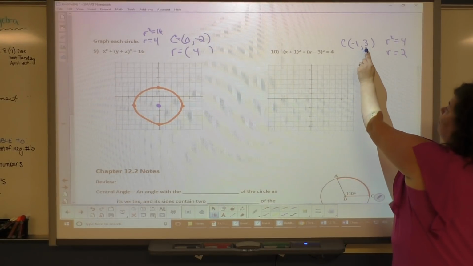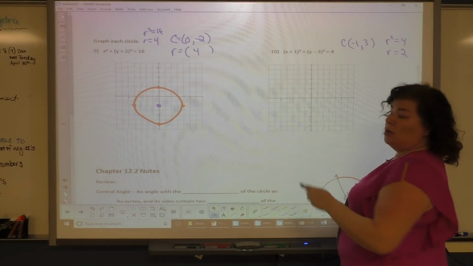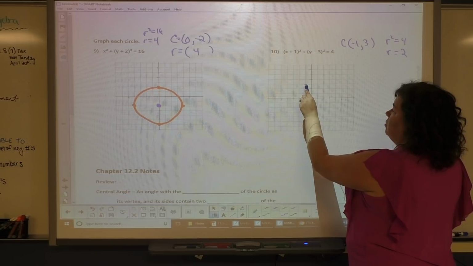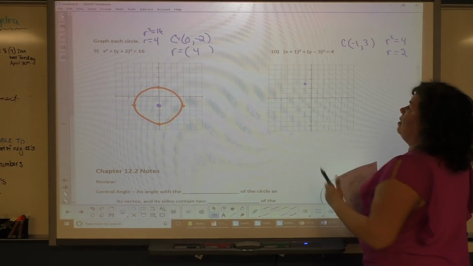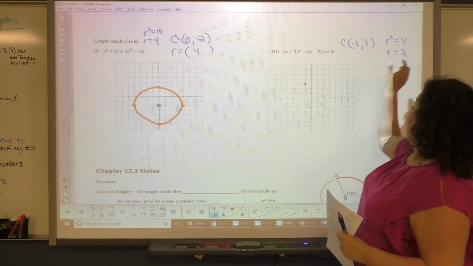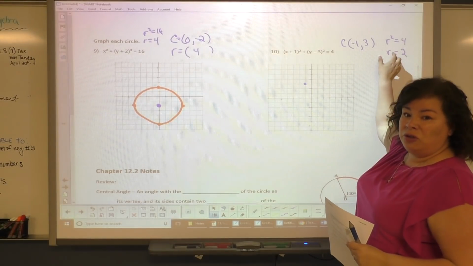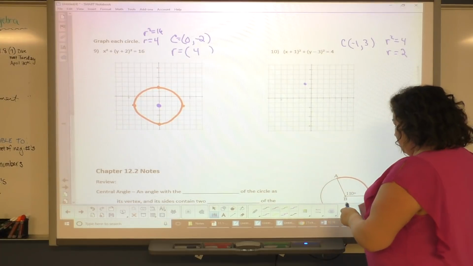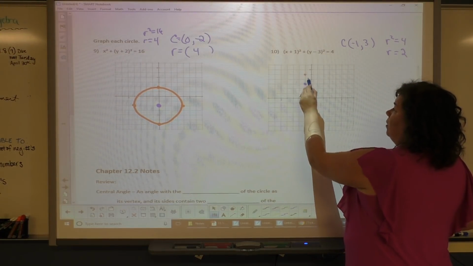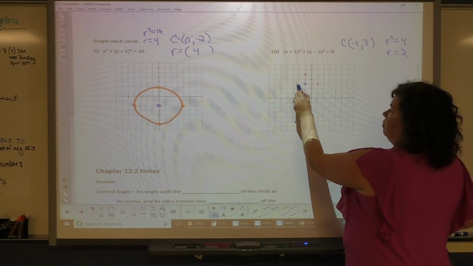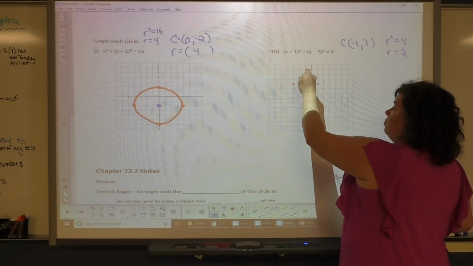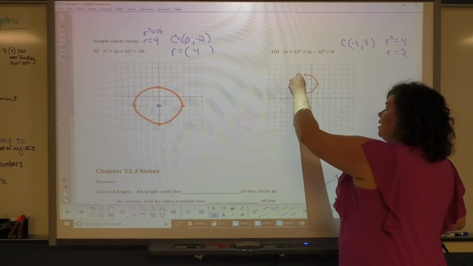Now I'm going to plot my center first: (−1, 3), which is right here. All other points on that circle are equidistant from the center, exactly 2 units away. So I'm going to plot 2 points up, 2 points to the right, 2 points to the left, and 2 points below it. And all I'm going to do is draw my circle as best as I can.